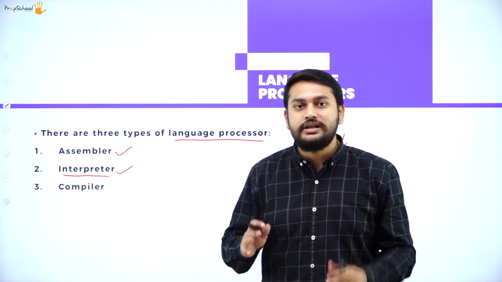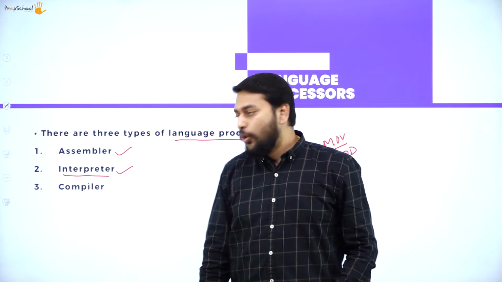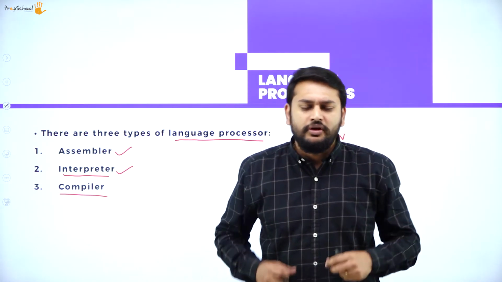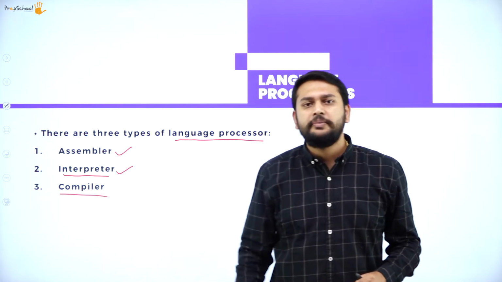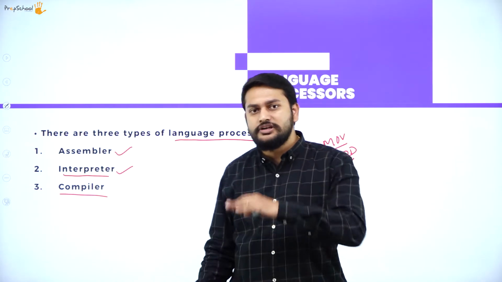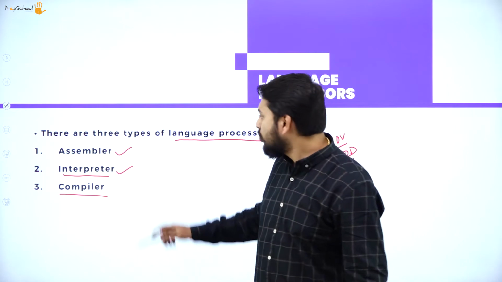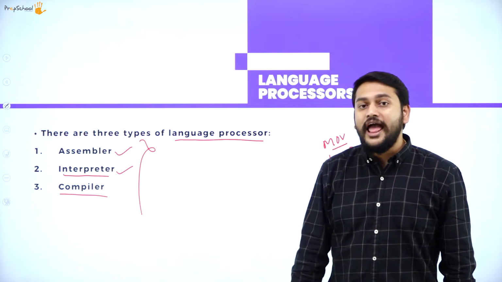That is what I will call an interpreter. What is then a compiler? Compiler is very robust. In one go, the complete program will be executed. But when it comes to interpreter, it is not like that. Only one line at a time it will execute. So this is what I will call a language processor.